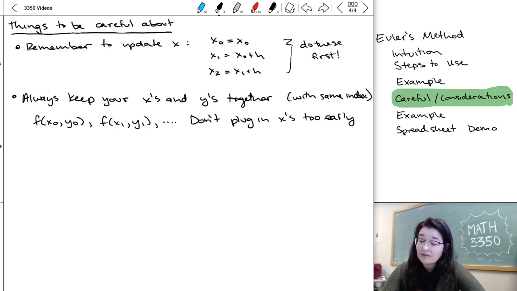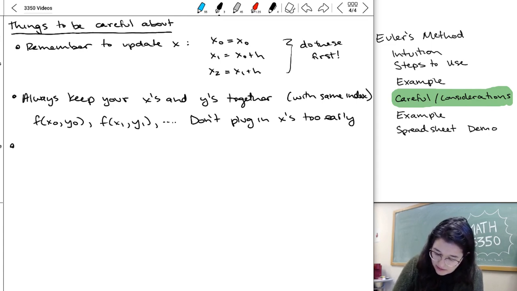It sounds silly, but even when I'm doing it, if I'm going too fast, I'll just look back at the most recent x I had, but it's usually one step too far. And then also, don't reuse x0, y0.